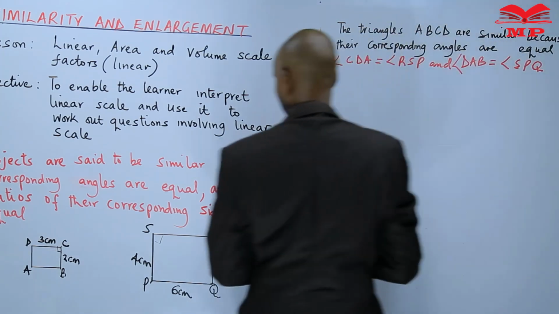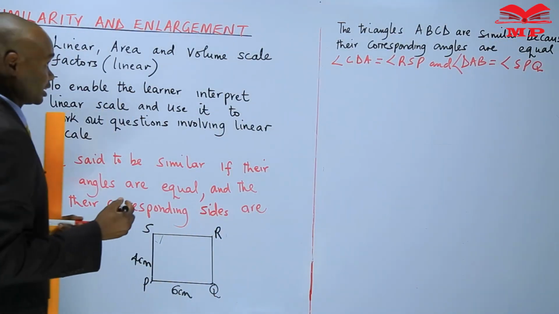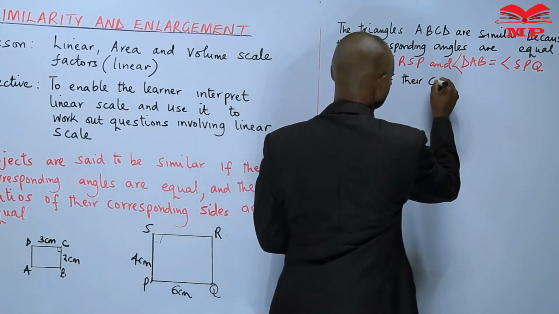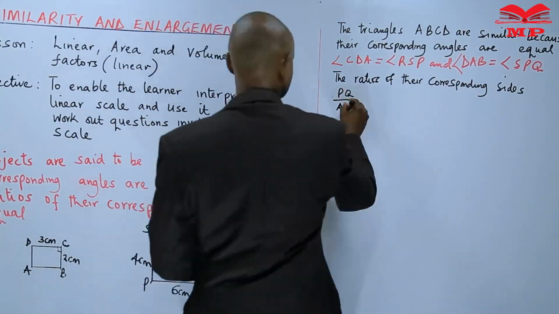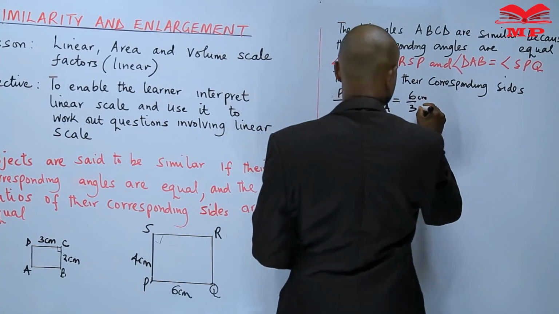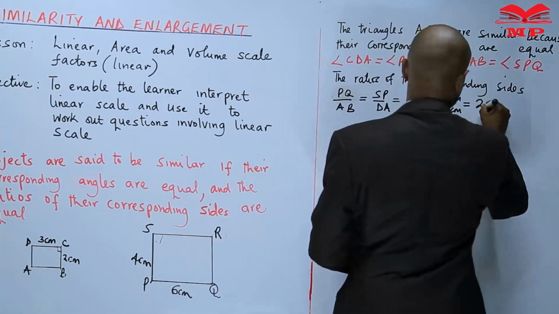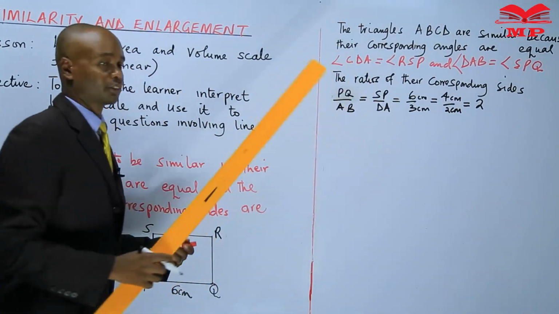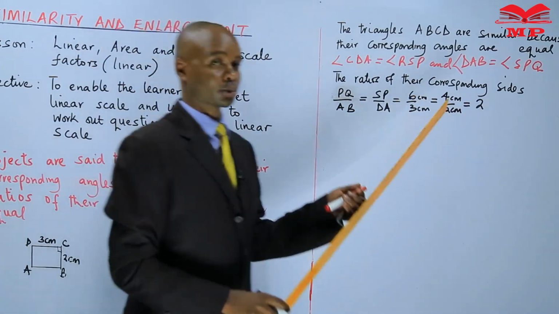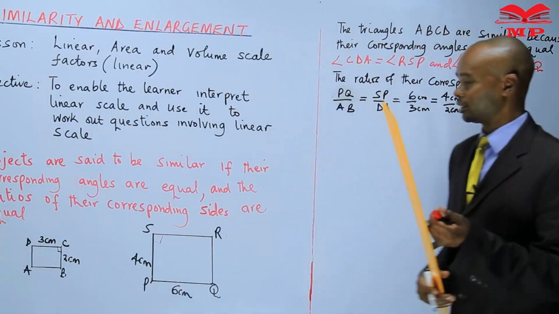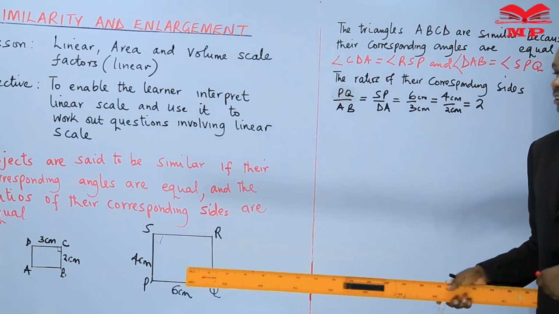Then we also note the ratios of their corresponding sides are equal, as we've seen. So these two happen to be the linear scale.